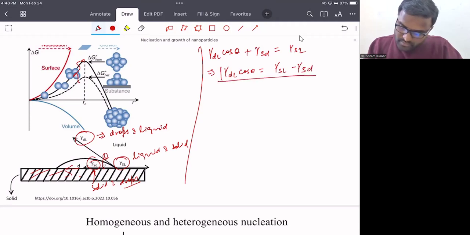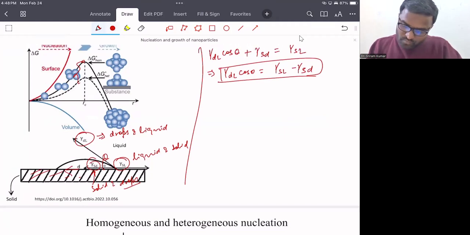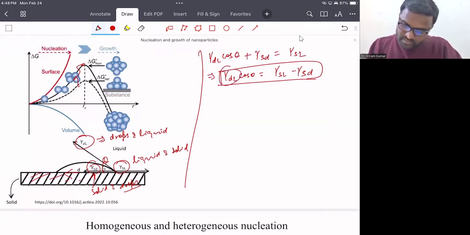So this is the energy difference, and that is the new surface energy.